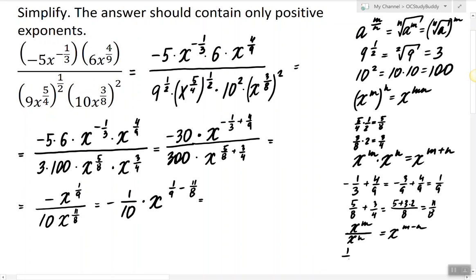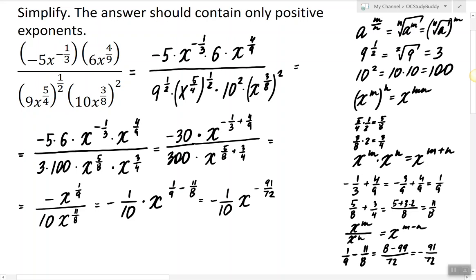The common denominator is 72. So we have 8 minus 99 over 72. 8 minus 99 is negative 91 over 72. So the answer is negative 1 over 10, x to the power negative 91 over 72.